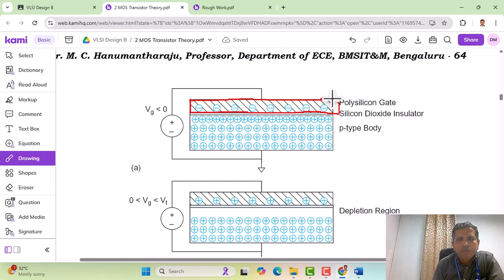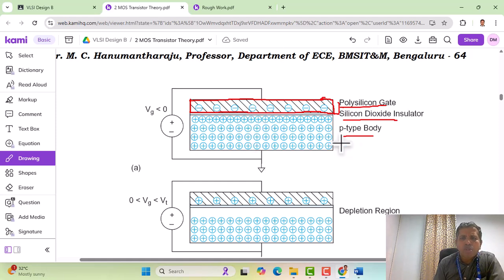This polysilicon forms the gate, and below that we have a thin layer which is nothing but silicon dioxide, the best insulator. At the bottom we have a p-type body. Since we are considering an NMOS transistor, the body is going to be of the p-type, and its majority carriers are going to be the holes, so you can see the holes residing here. This is the isolated gate region based transistor that we are using to demonstrate the MOS structure.